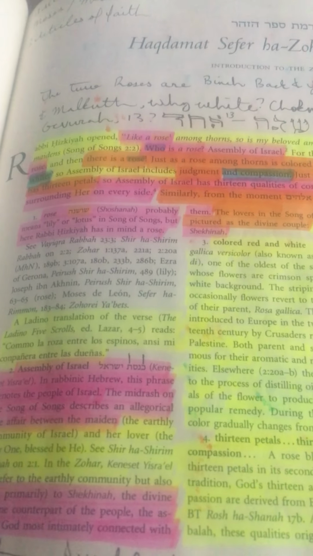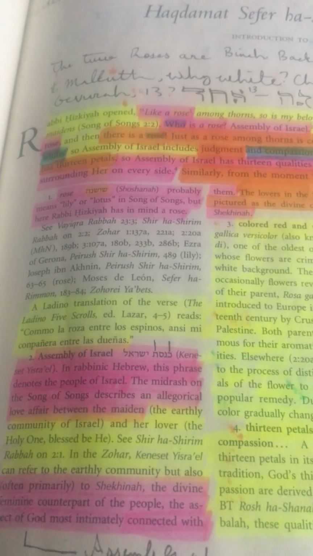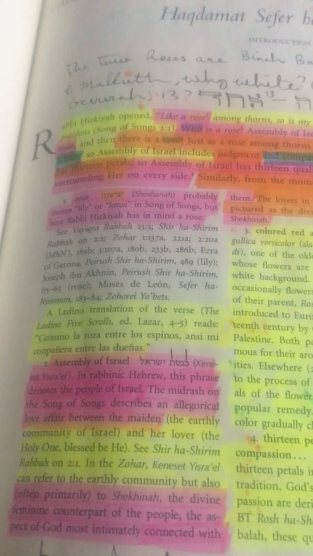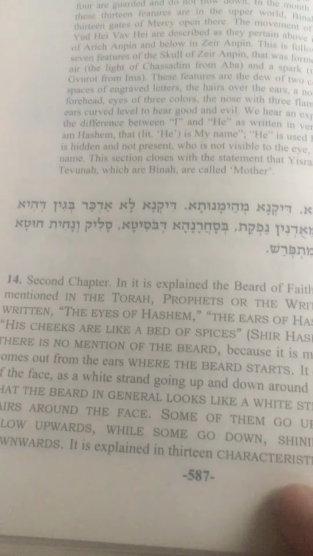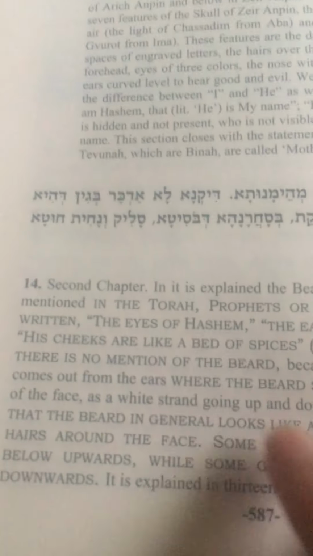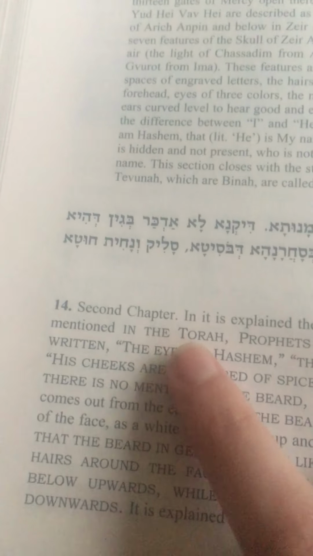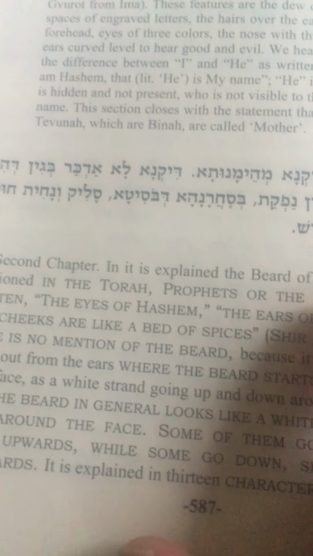So, in order for us to understand what these 13 qualities are, we must first find their essence. In Book 11 of the unabridged version, it says here in the concealed book, the second chapter, in it is explained the beard of faith.